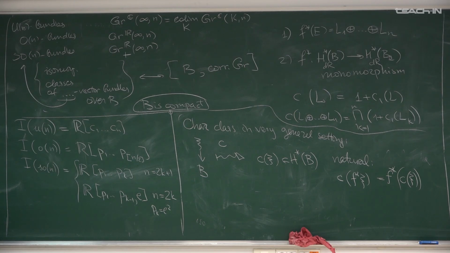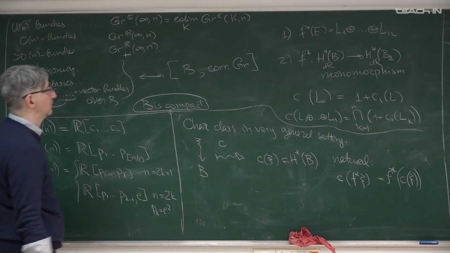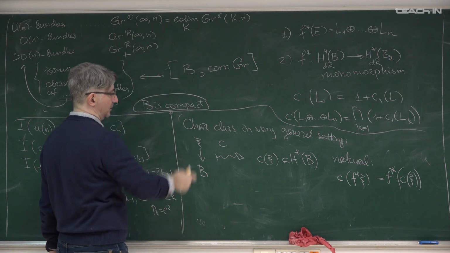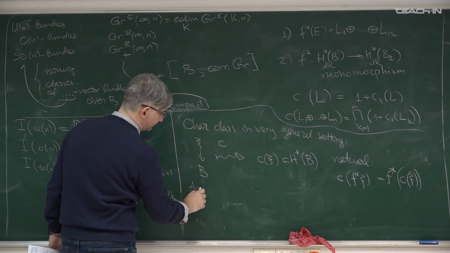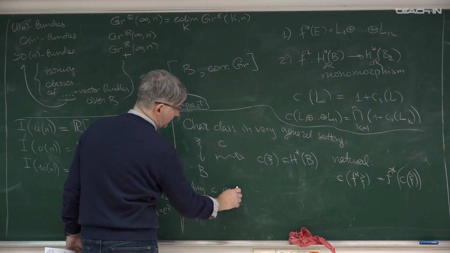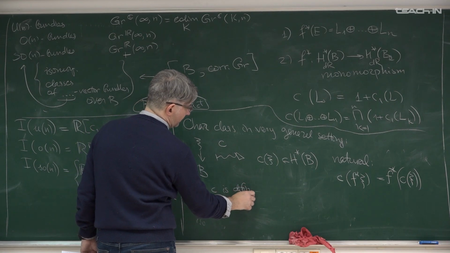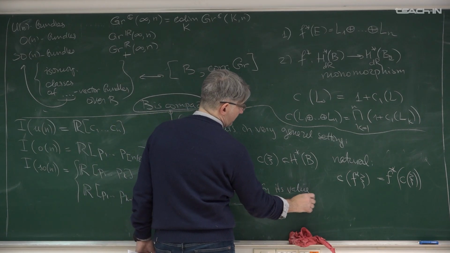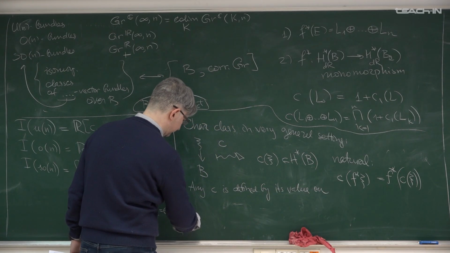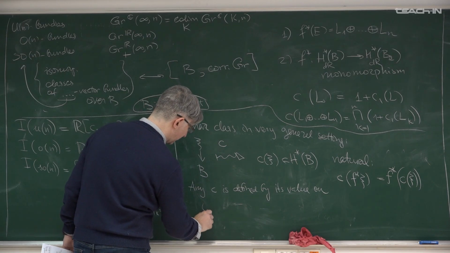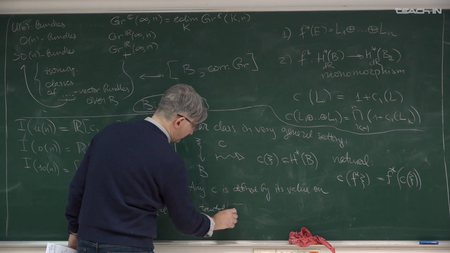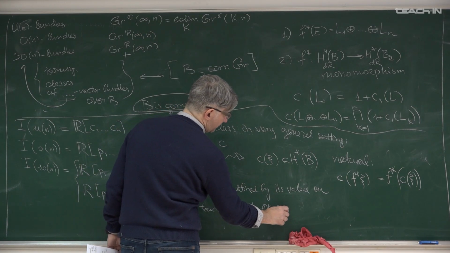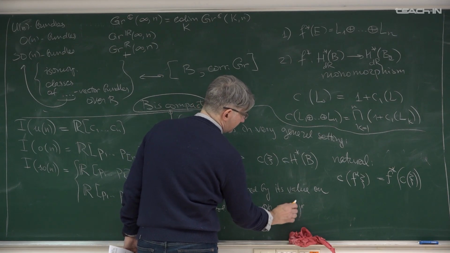And it means that all characteristic classes are defined by the value of C on the tautological bundle over the corresponding Grassmannian.